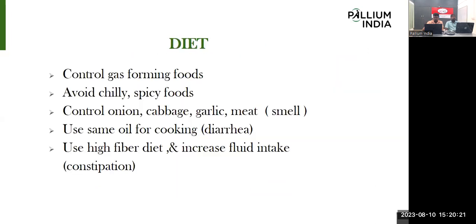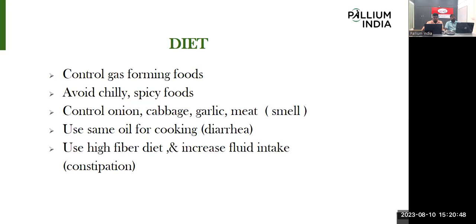Then, regarding diet for a patient with a colostomy, any gas-forming food items they need to control. Chili and spicy food also they need to avoid or control, because it will disturb the bowel pattern and cause stomal irritation.